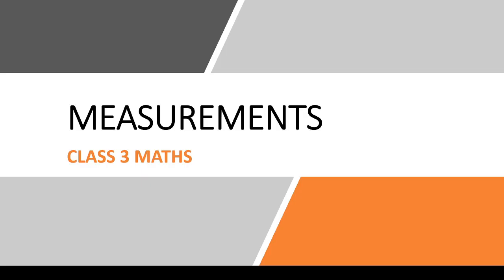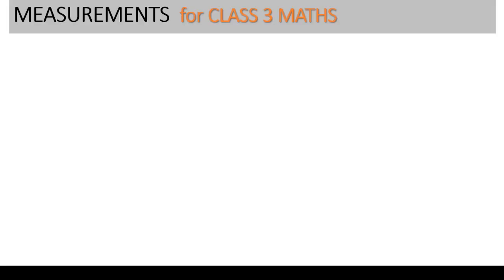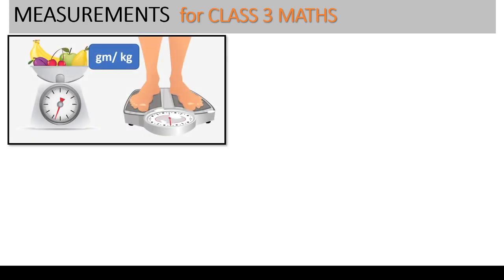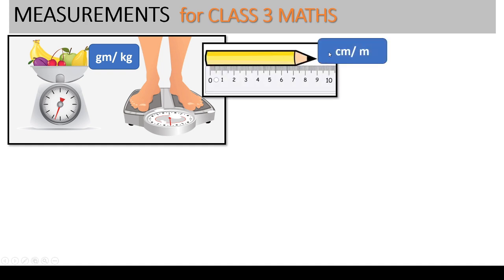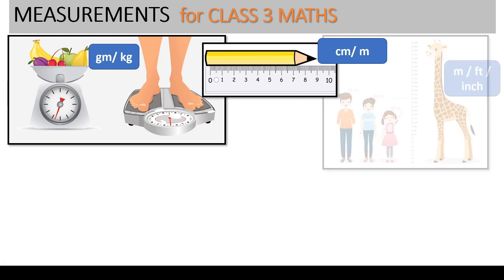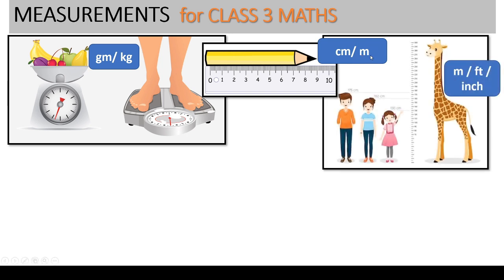So now that we learned the different types of measurements, let's quickly summarize the units of these measurements. So the unit for measurement of weight is gram and kilogram. The unit for measuring objects is centimeter and for longer objects meter. The unit for measuring height along with centimeter and meter are also feet and inches.